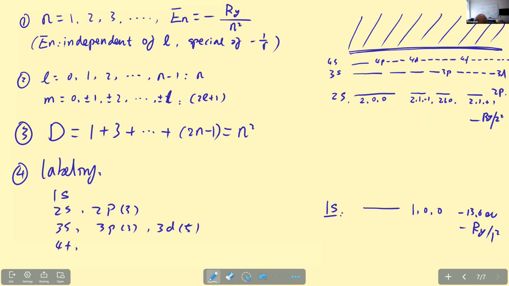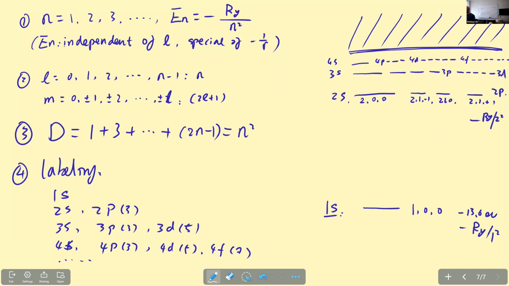And 4s, 4p, 3 states, 4d, 5 states, 4f, 7 states. If you want, you can continue this: 5s, 5p, 5d, 5f, 5g, and then 6, and so on and so forth, right? So you can have different labelings.